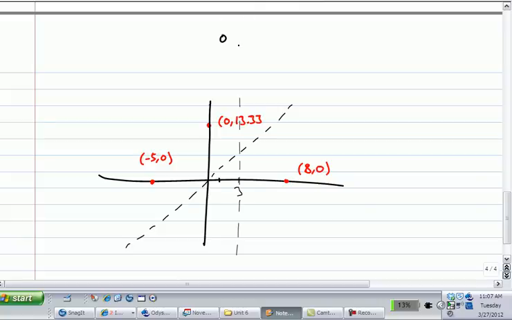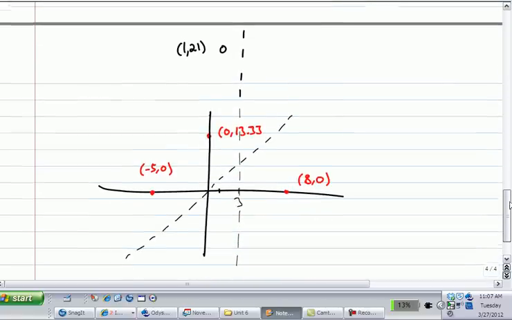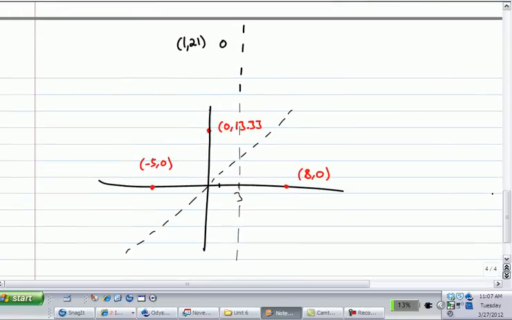It's on the left of the vertical asymptote, so that's at 1. Is there another way you can know where the hole is? We got the x-coordinate of the hole from the factor that canceled, and the y-coordinate from plugging it back in once it canceled.